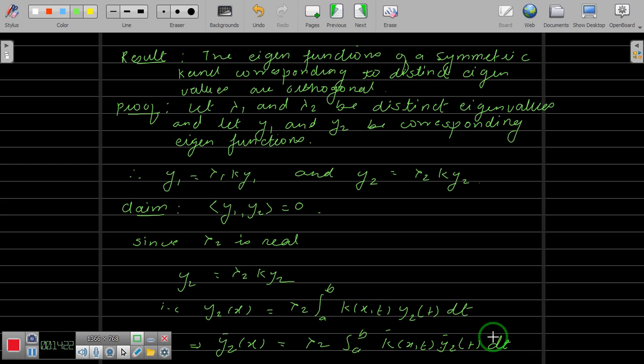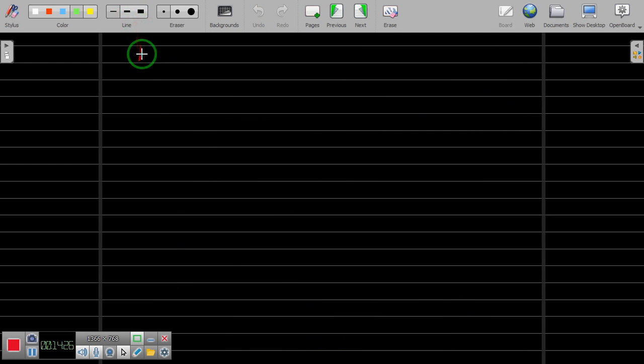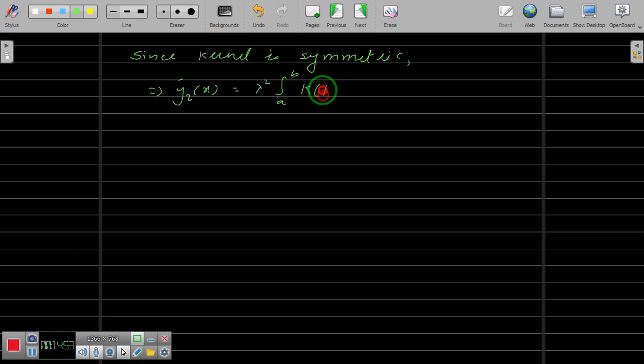And since our kernel is symmetric, we have y2 bar of x the same as lambda 2 integral a to b k t x y2 bar of t dt, and you change the variable now, you will get y2 bar of t will be equal to lambda 2.